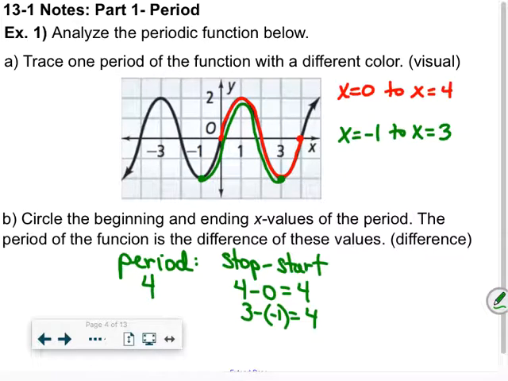So the period length is 4 units. And if you remember, on our first slide, we said that the period length is the horizontal length, the distance along the x-axis. So from x is 0 to x is 4, that's 4 units on the x-axis.